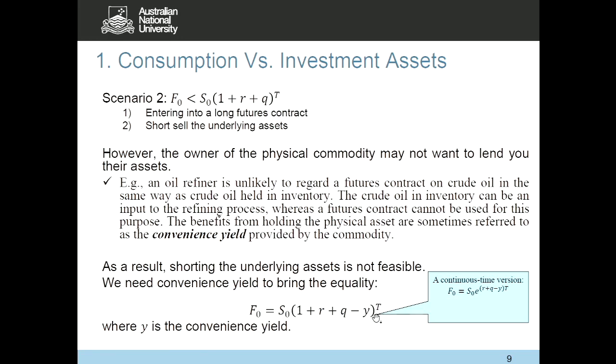So it's a minus sign here. So this equation becomes the spot price multiplied by (1 plus R plus Q minus the convenience yield) raised to the power of T. And if you add that component, then this equation would equate, right? Then this equation is at its equilibrium. Does that make sense?